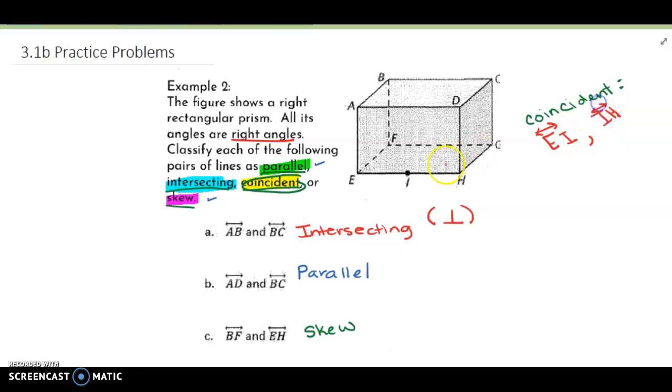Because if we put EI and we want the line so it goes all the way through, it would be this. That would be EI. And now if I were to draw IH, well, IH is right here. So notice those lie directly on top of each other. So that would be an example of coincident lines.